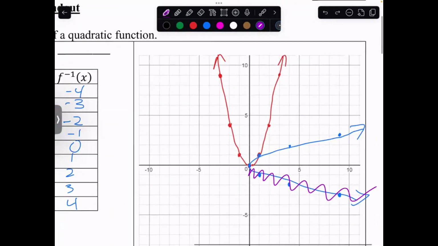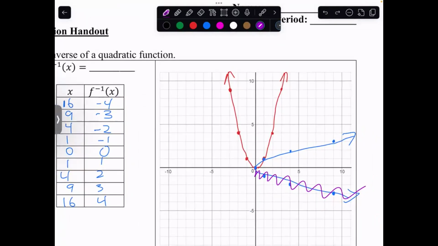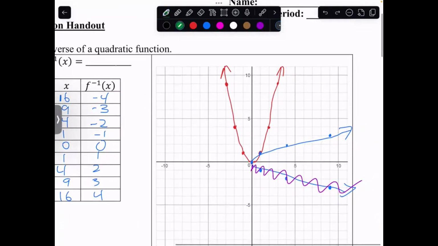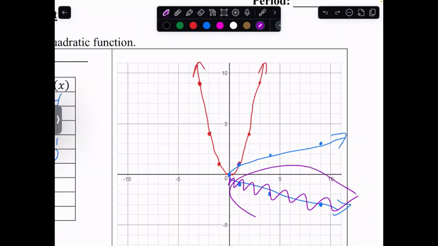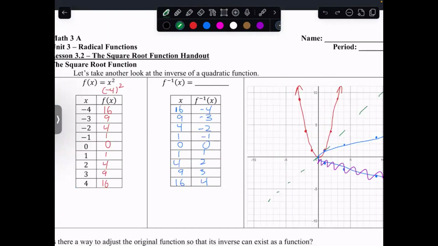The thing that's going to be reflected over y equals x. Correct. So Beckett identified that, since the graph is a reflection over y equals x, it is the left half which created the bottom half. So we need to get rid of this section.